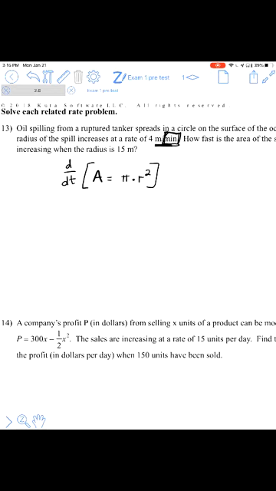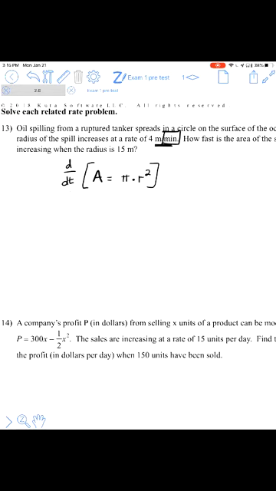I've seen this problem very often get confused, and students try to differentiate with respect to r because they see an r right here, but the rate they want is per minute, so we have to be differentiating with respect to time, and this should be something that you start to recognize. This variable and that variable aren't the same.